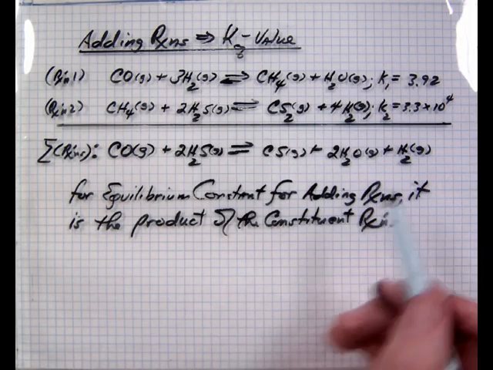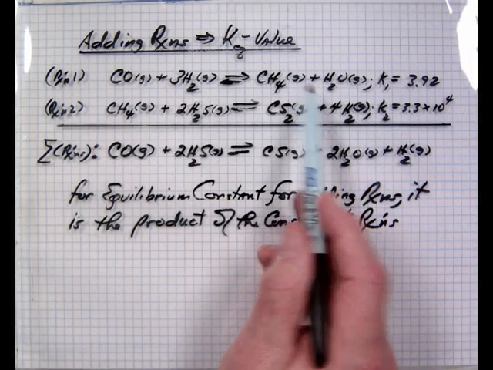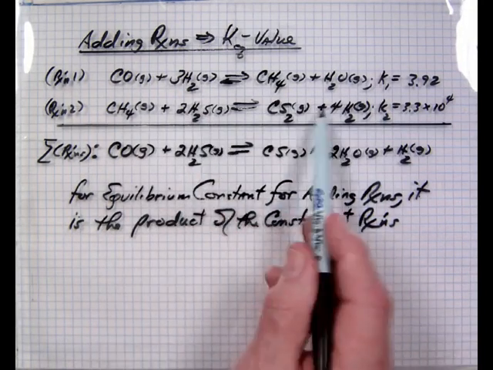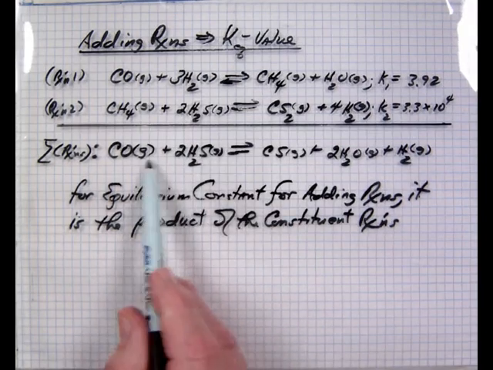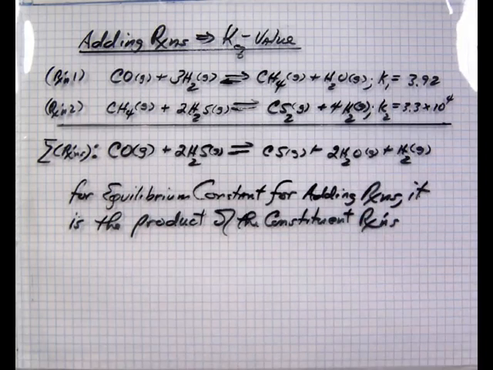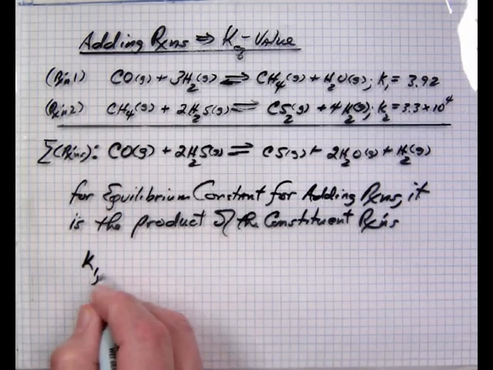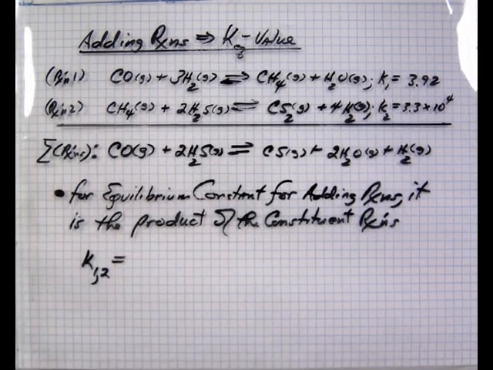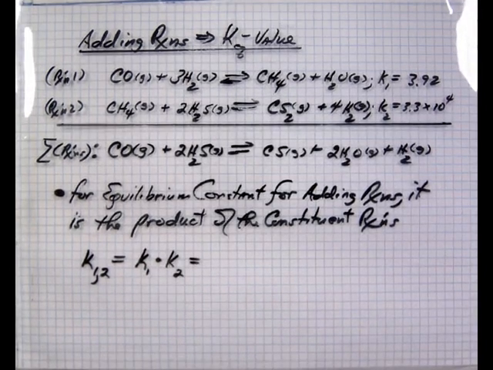Now, you can write the equilibrium K1 in terms of the reagents and components of reaction 1, and multiply that by the Kc expression, or equilibrium expression, for the second reaction. Multiply them together, and you will get this result, products over reactants. I'm not going to do that. I'm just going to go straight to this. So we're looking for a K value for reactions 1 and 2. And according to the note, it's K1 times K2 when you're adding reactions together.